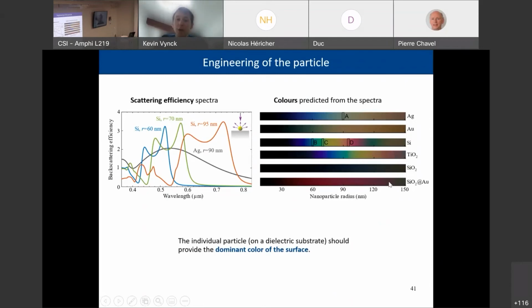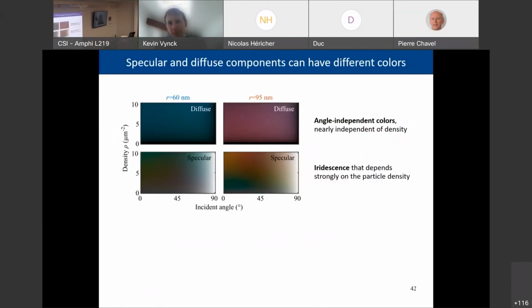This is again what people have studied so far in the works on structural colors with these surfaces. What was not really known was the fact that the specular light and the diffuse light can have very different colors and very different behaviors.